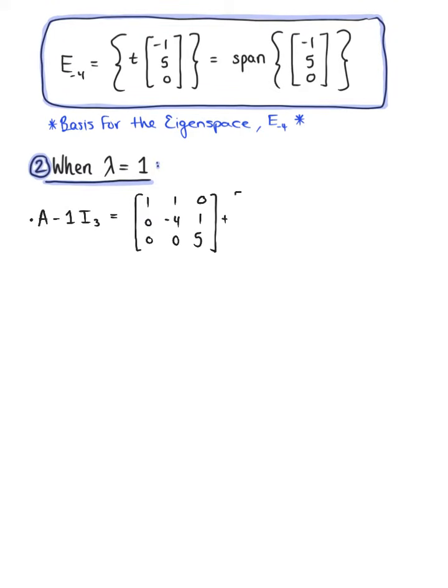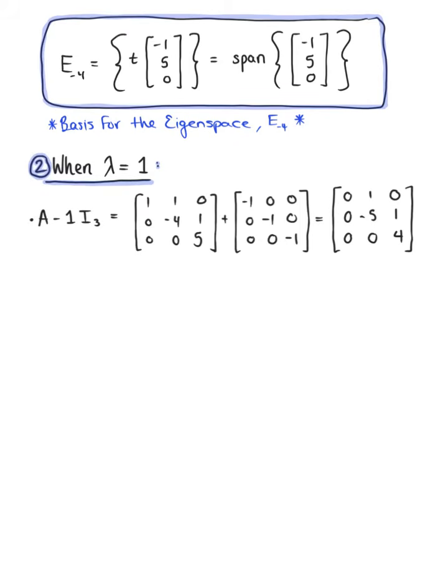And we are adding this to the 3 by 3 matrix negative 1, 0, 0, 0, minus 1, 0, 0, 0, minus 1. So combining those like terms across the first row, we are left with the matrix 0, 1, 0, 0, minus 5, 1, 0, 0, 4.